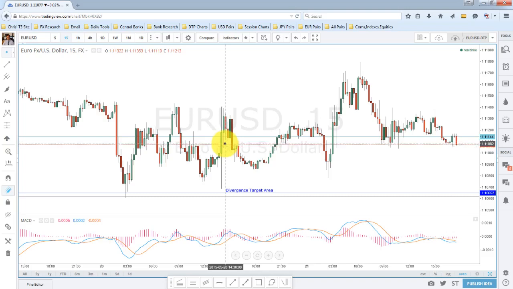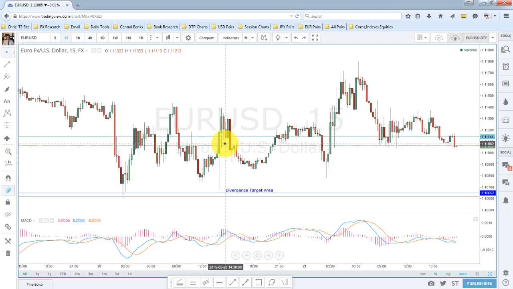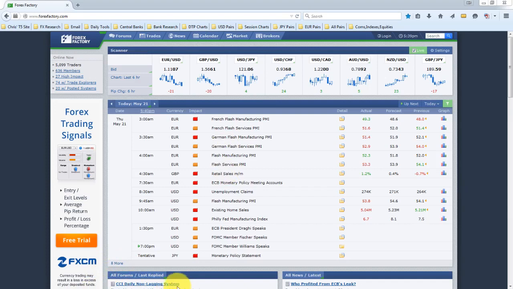The SNB came out and shocked the market, saying they weren't going to defend that 1.20 floor anymore on the Euro Swiss, and the Swiss franc just skyrocketed. It took out traders, it took out hedge funds, it took out some brokers. So don't think for one second that the market can't do some really volatile things.